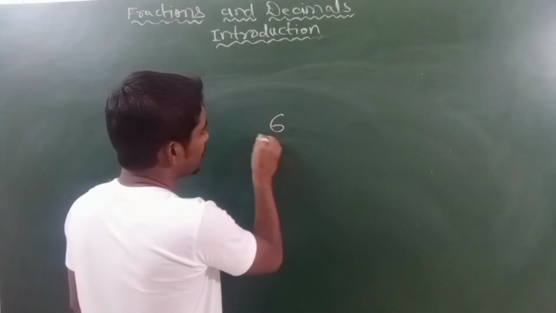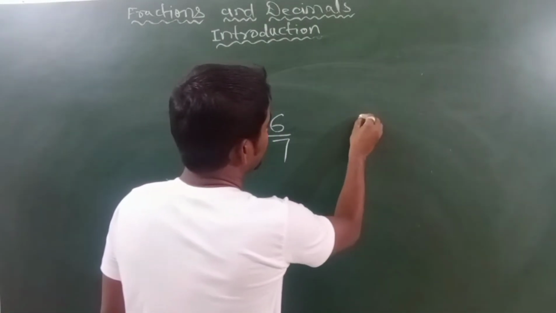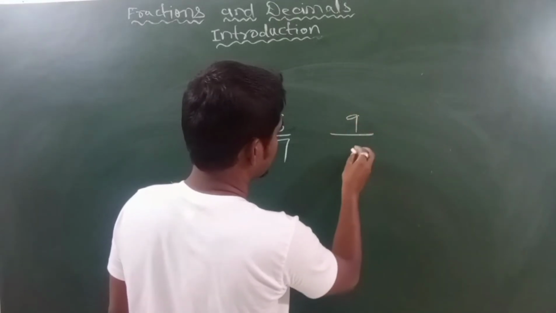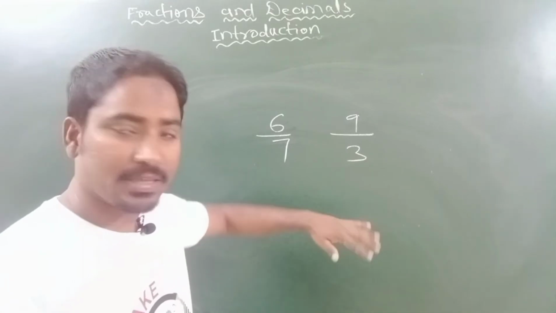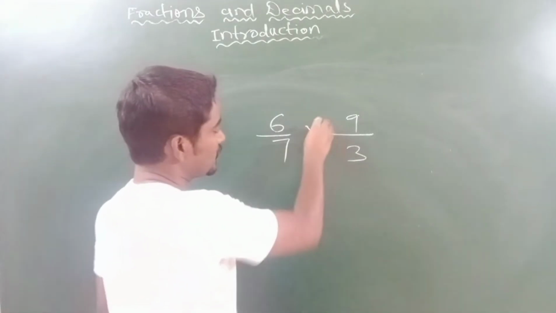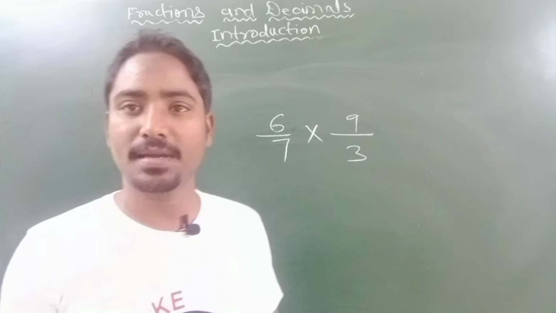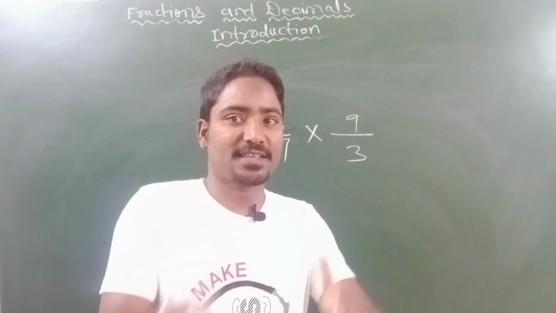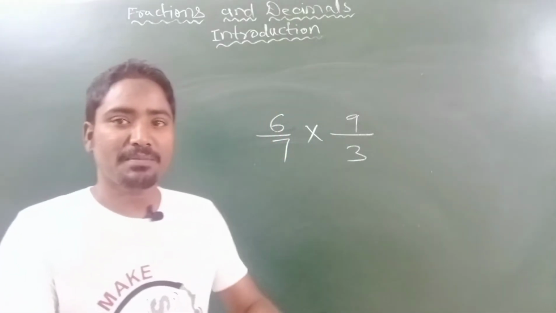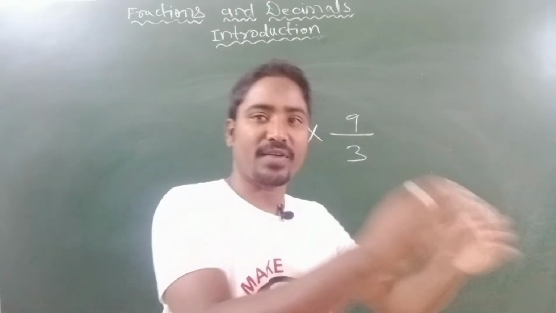Suppose we are having two fractions, 6 upon 7 and 9 upon 3. Since we are learning the multiplication of two fractions, in between them a multiplication sign will be there. Now we have seen multiplication of a fraction by whole number. Now we will see multiplication of fraction by fraction.